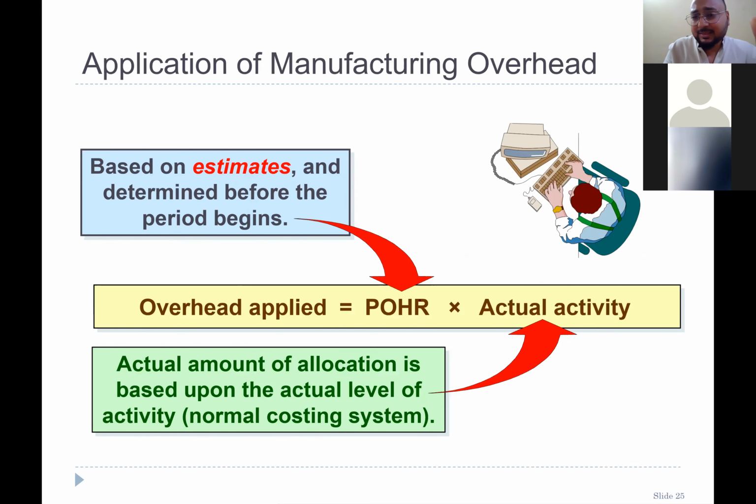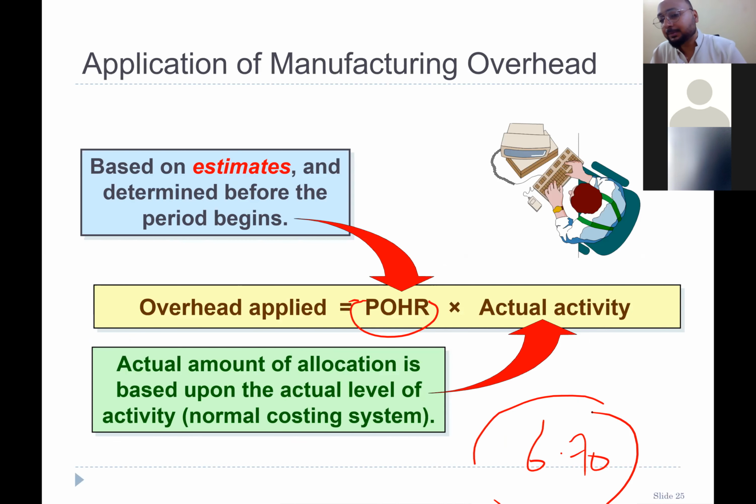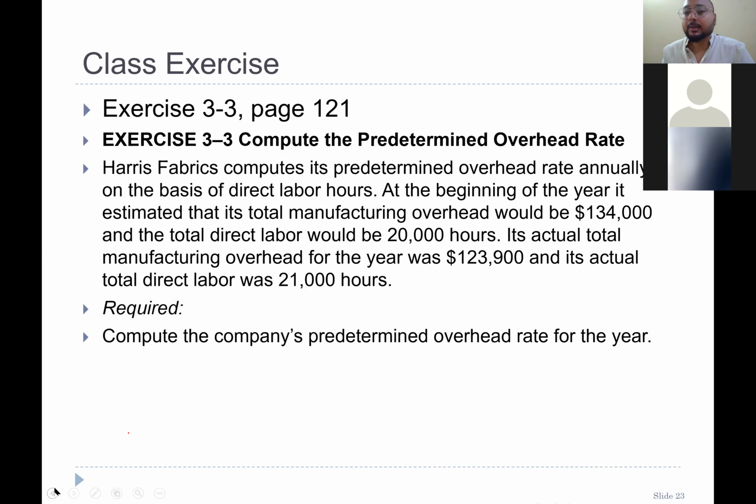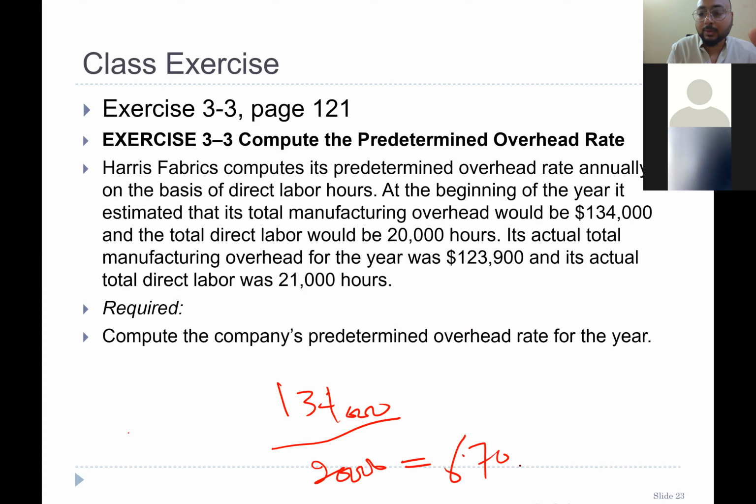So that is the predetermined overhead rate that we calculated, 6.70. If you revert to our question here, 134,000 divided by 20,000, the answer would be 6.70.